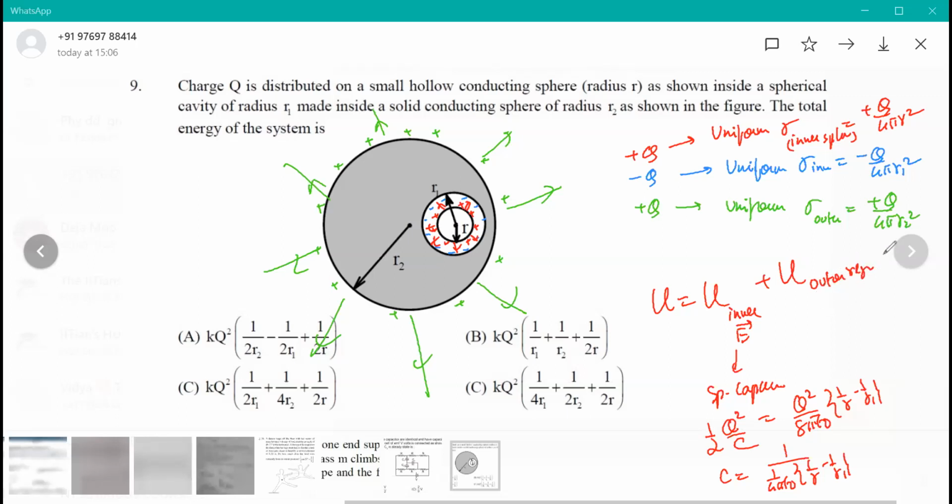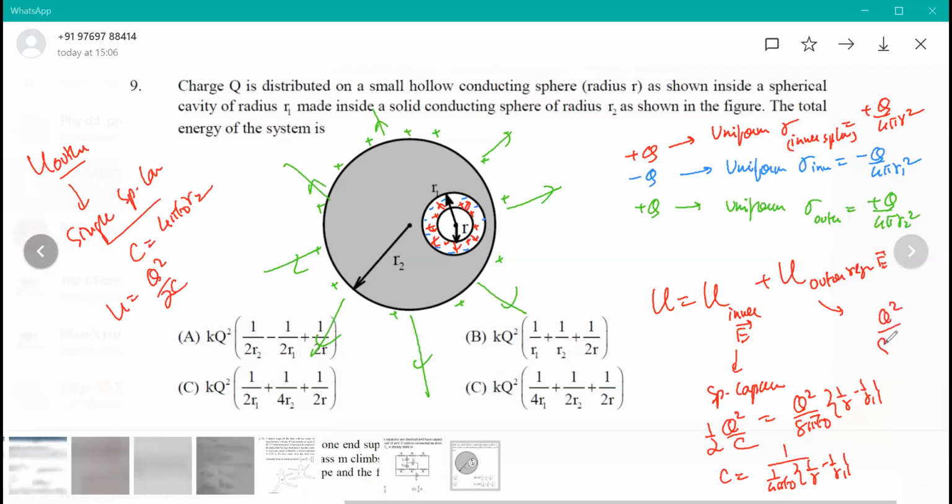The outer region's electric field will be like a single spherical conductor. So its capacitance is 4 pi epsilon naught r2, and its energy is q square upon 2c. So this term will become q square upon 8 pi epsilon naught r2.